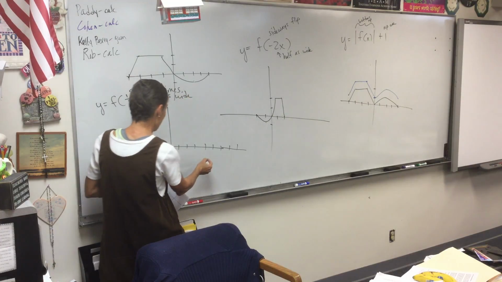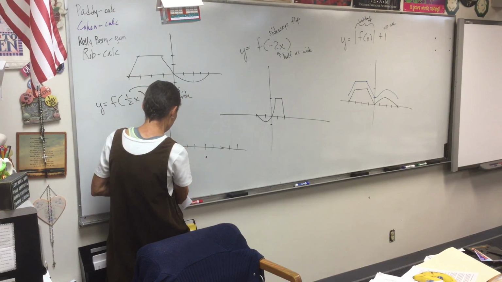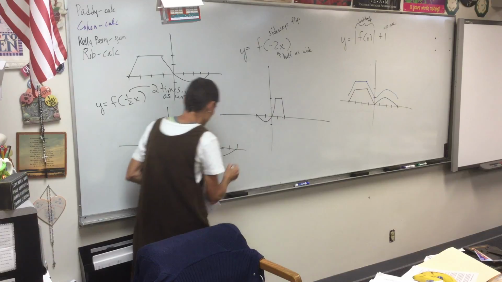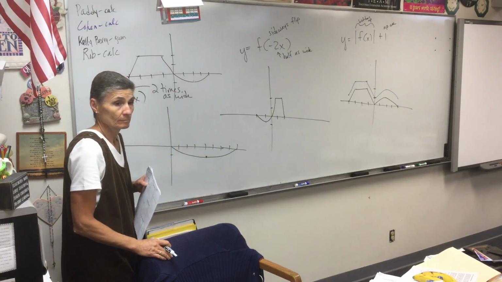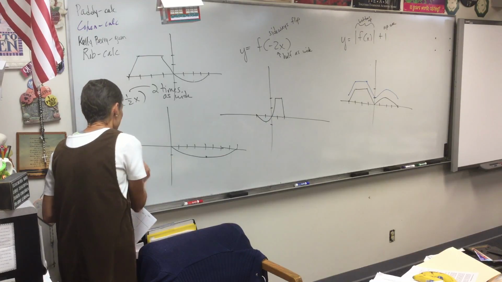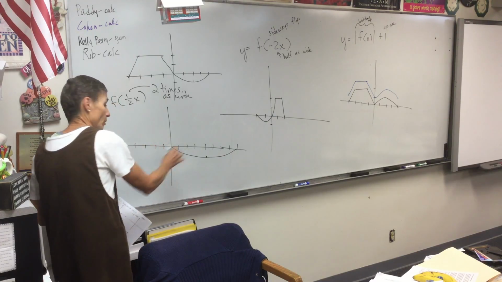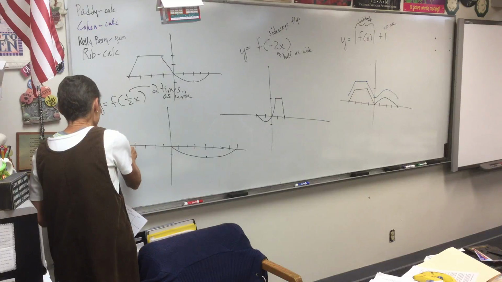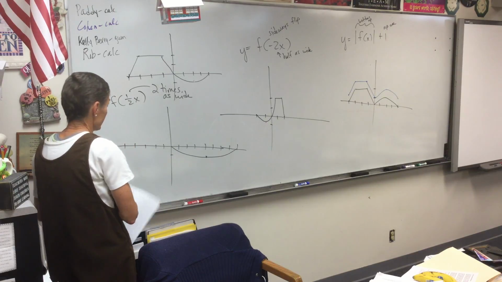It's still going down just one. It's all stretched out. And my trapezoid, that was 1, 2, 3, 4 this way, is now 5, 6, 7, 8 this way.